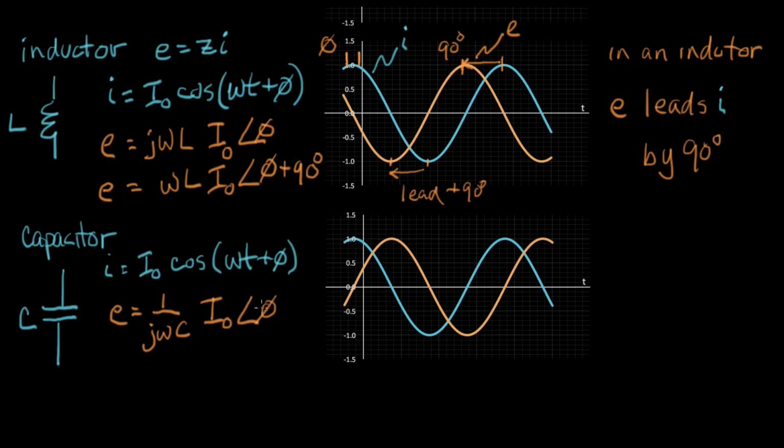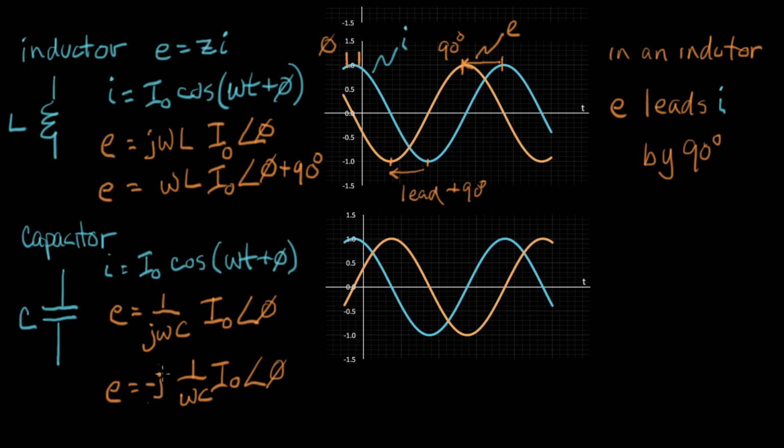So now let's carefully do this multiplication. E equals 1 over j times 1 over omega C times I naught at an angle of phi. So here's this 1 over j term. Now I can rewrite 1 over j as minus j.